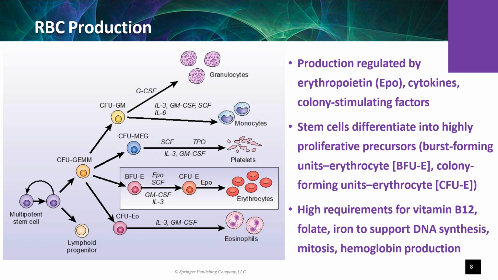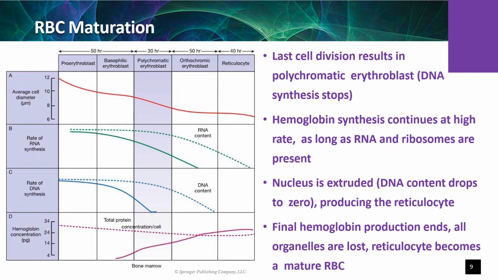So red bone marrow is the source of the red cells, white cells, and the platelets. The stages of bone marrow red cell development end at the reticulocyte. This is the point the cell leaves the bone marrow and enters the circulation.